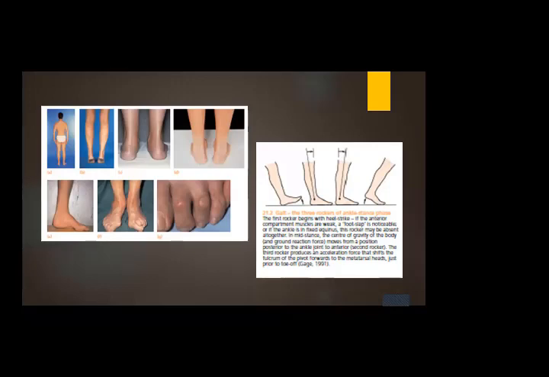As you can see in the picture, the heel strike, when your heel strikes the ground, and then there is a flat foot, when your body shifts over the ankle, and the fourth one is toe off. So these are the different intervals of stance phase.